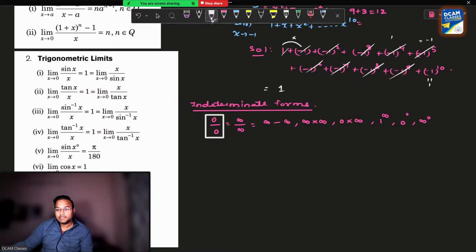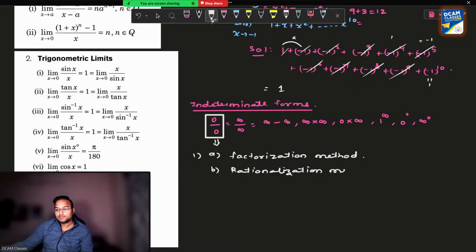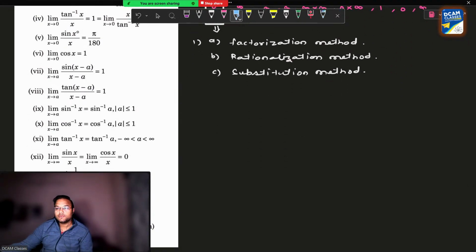The methods for these are: one is the factorization method, second is the rationalization method, third is the substitution method. Let me tell you how each one works. See, what is the factorization method? First, let me tell you this one.